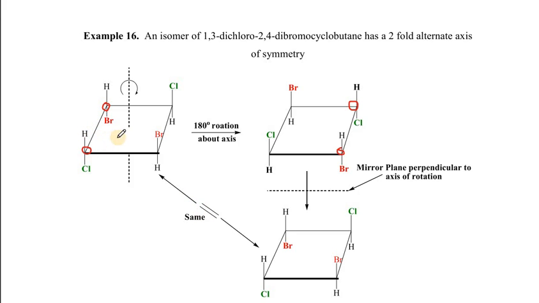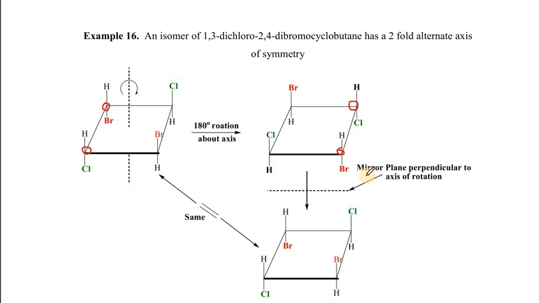and if this is rotated by 180 degrees, we get this. If we rotate this by 180 degrees again, then this is the same as the first. So when two rotations are done, we get the same molecule.